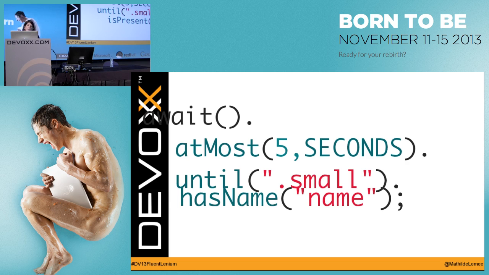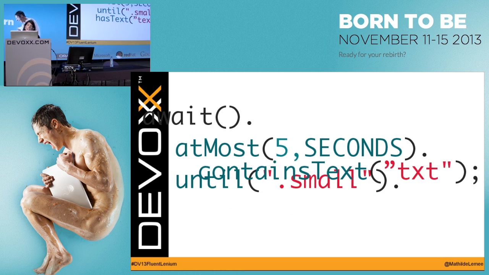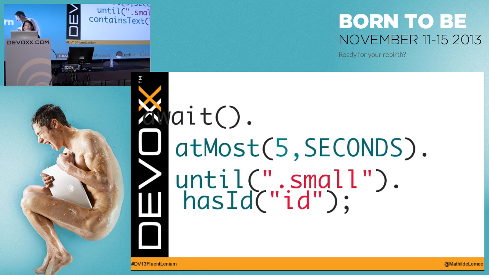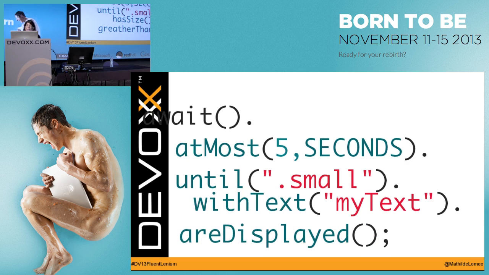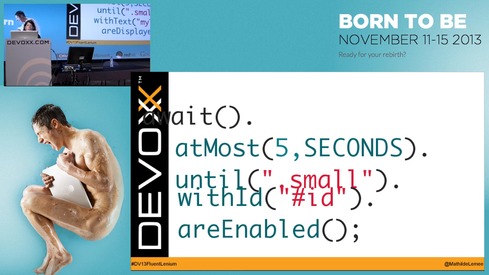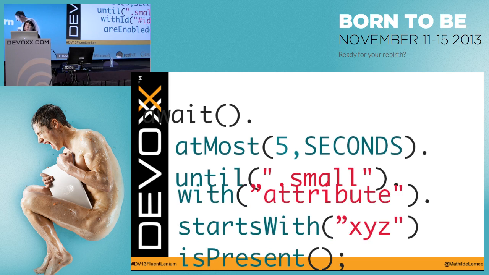So I can have is present, but I also have a lot of stuff to indicate, like maybe I want an element with that name, with that text, an element that contains text or that has an ID, a size greater or lesser than 3, 2, 4, 5, whatever you want. You can also assert that your elements are displayed, enabled, presence, and you can also add filters here again.